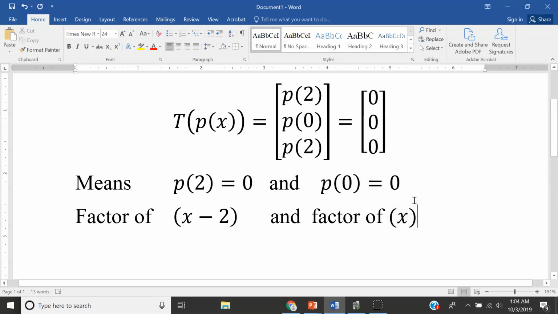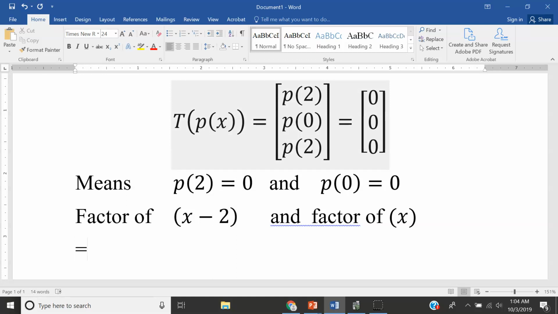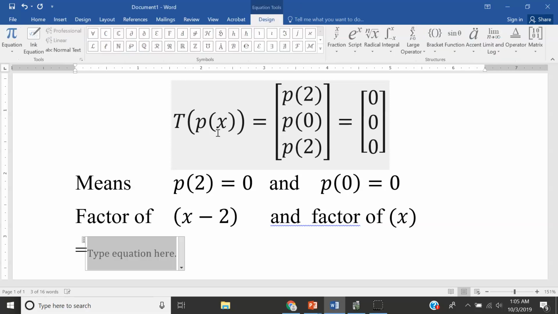All right? Because if you have a factor of x, you plug in 0 into that, and you get a 0. Now, if it has to have a factor of x and a factor of x minus 2, then your polynomial is going to have to be some multiple of x times x minus 2.